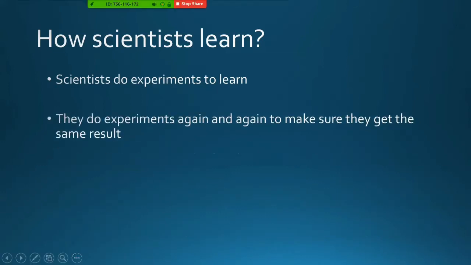Do they do experiments only one time? No, scientists should do experiments again and again. Why should they repeat their experiments? To be sure that everything is correct, okay? To be sure that they are on the right way. So they do experiments again and again to make sure they get the same result.